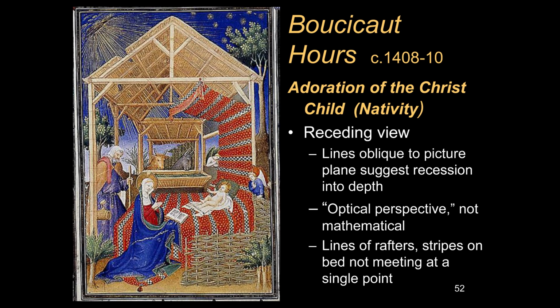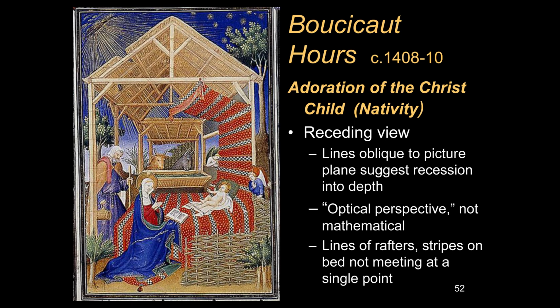Now, I said this is very innovative in the way that space is shown. The Boucicaut master has constructed this little stable with a gabled roof and posts at every side, and then a little extension for the animals. And then he's placed this bed within it.